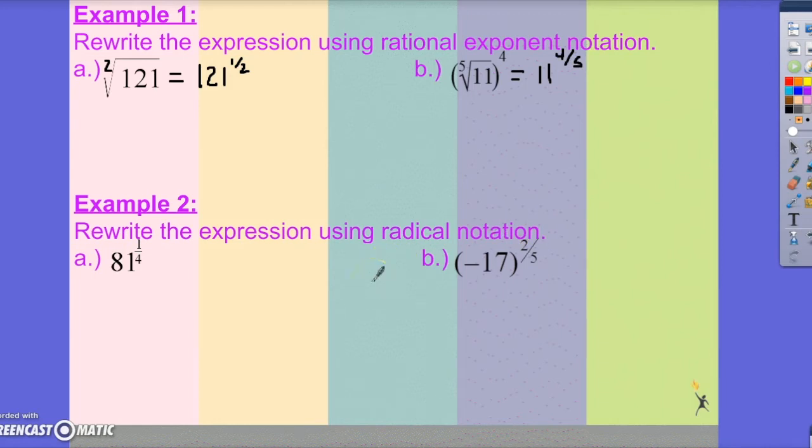In example 2, we're doing the opposite. We're going from the answer and going back. So we write the expression using radical notation. Radical notation is those roots. So 1/4 would be the 4th root, like so.